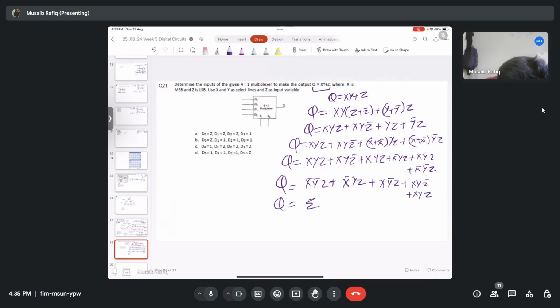So Q will be equal to sum of minterms 1, 3, 5, 6, 7.